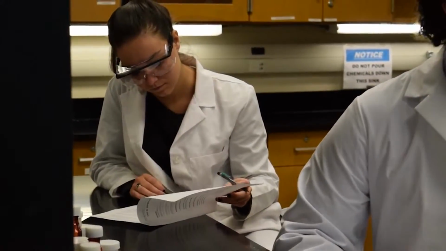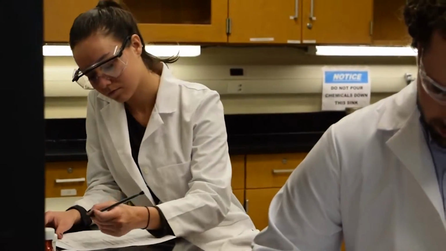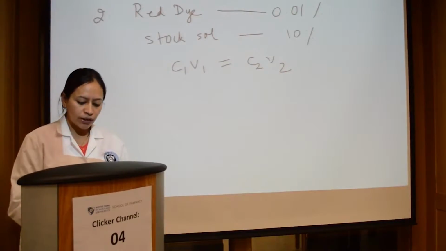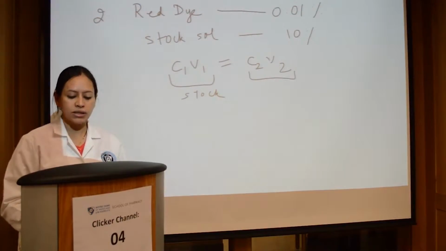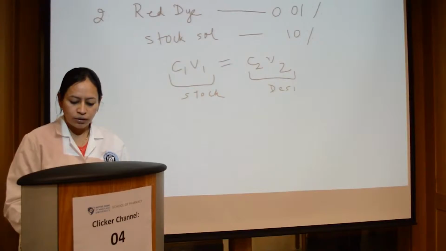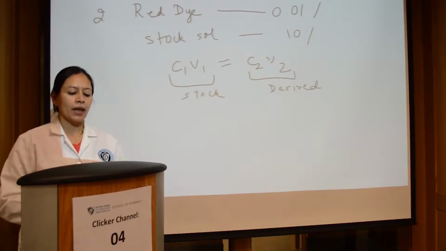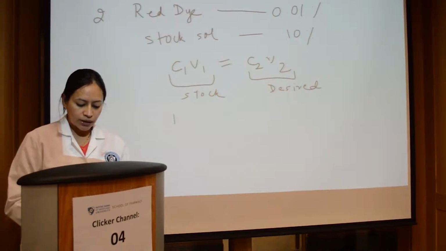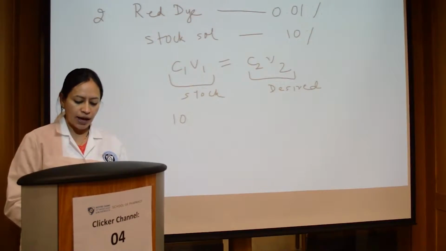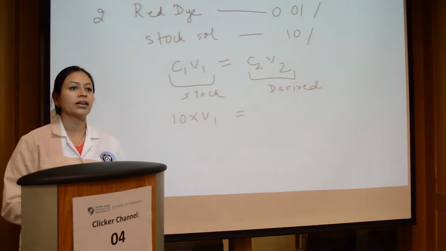So the very easy equation that you can do is C1V1 equals C2V2. So C1 and V1 stand for the stock, and C2 and V2 stand for the desired preparation. C1 is the stock, so we know that it's 10% weight by volume, and V1 is what we are looking for.